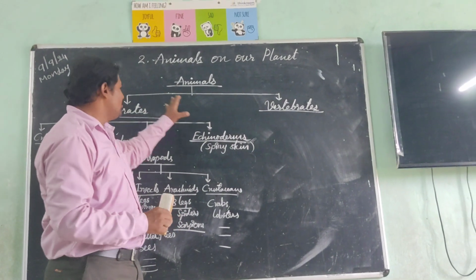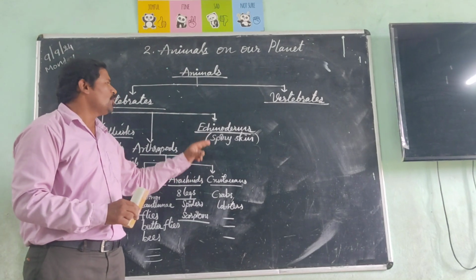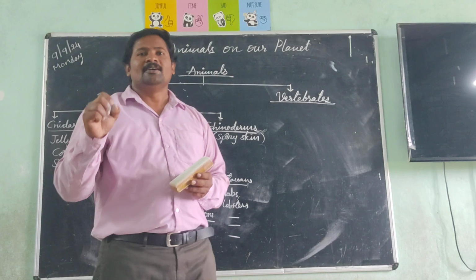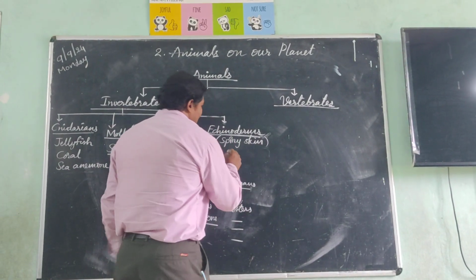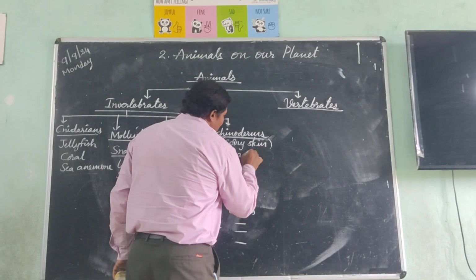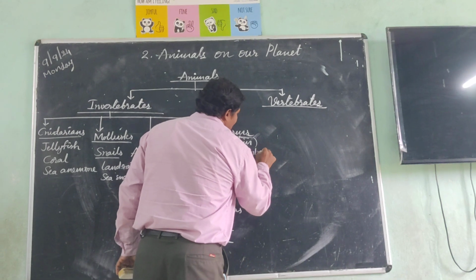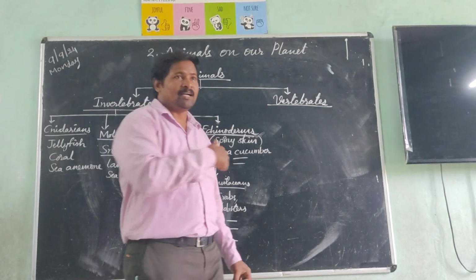See here, among all these invertebrates, only these echinoderms are related to human beings. The next is an example. Only one example I am giving: sea cucumber. The rest of the examples you have to write. Read the studio book and write.